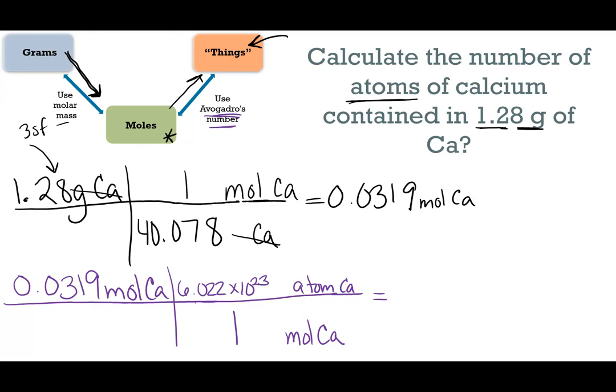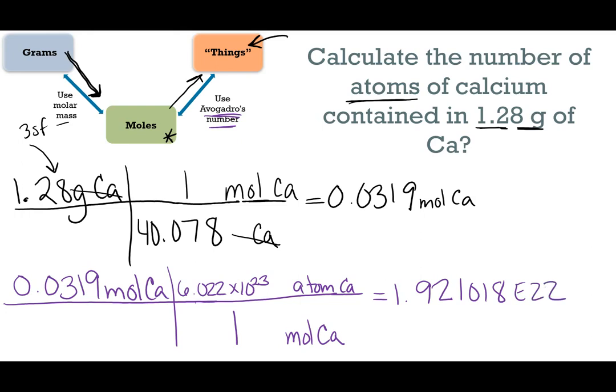Multiply across the top, divide by the bottom. So I've got 0.0319 times 6.022 times 10 to the 23rd. And I get 1.921018E22.